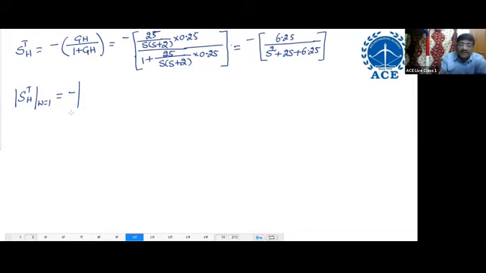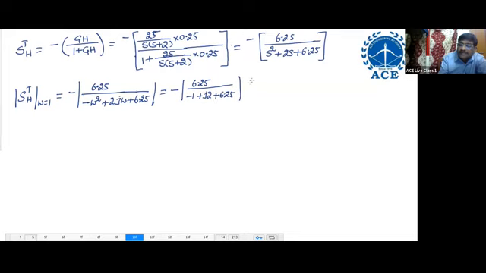So minus of 6.25 divided by minus omega square plus 2j omega plus 6.25. So then minus of 6.25 by minus 1 plus j2 plus 6.25.